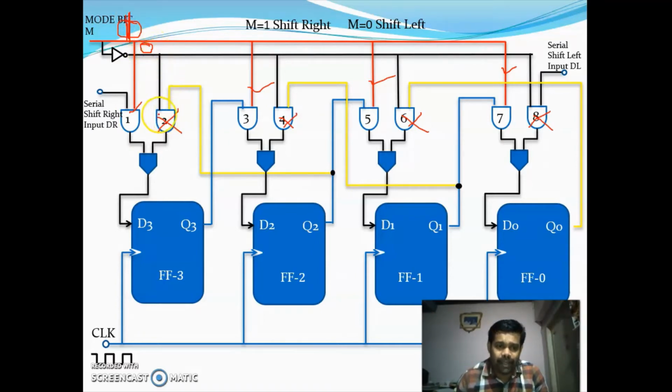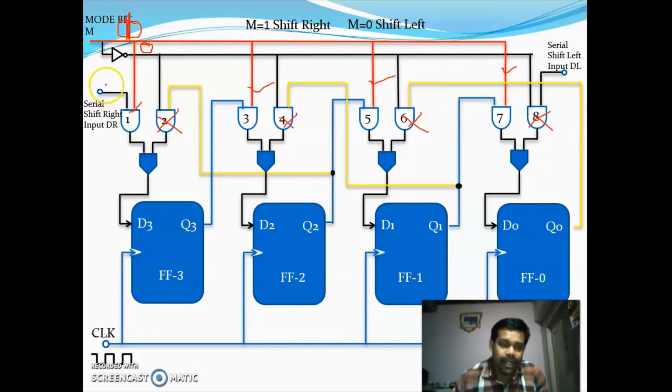So one of the inputs of these gates 2, 4, 6, 8 is connected to 0. So since it is an AND gate, if one of the inputs is 0, its output will be 0. So it is disabled. But the gates 1, 3, 5 and 7 are connected to 1, so one of their inputs is 1.